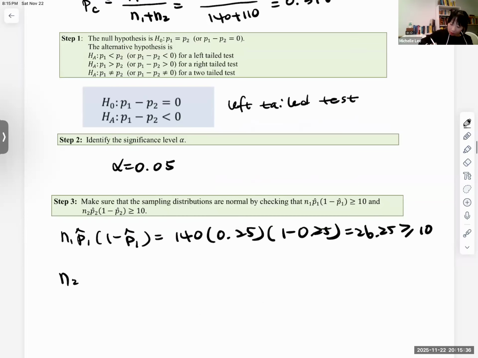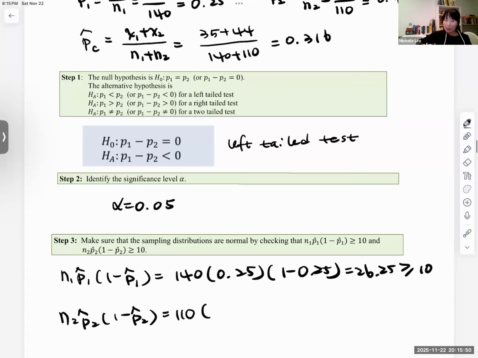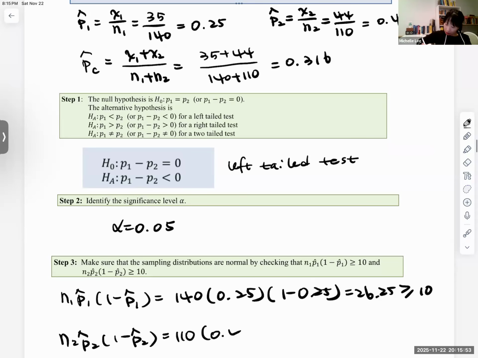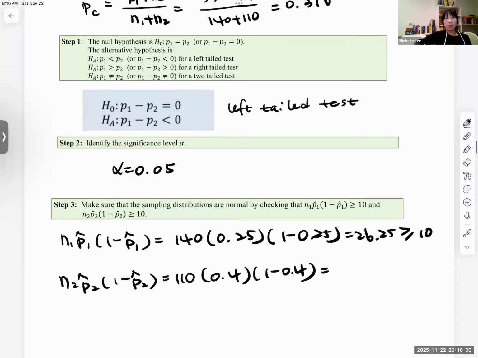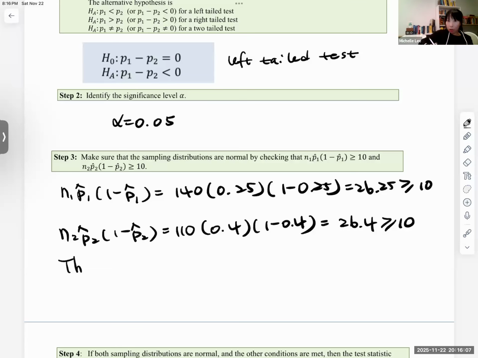What about the second one? n sub 2 is 110, p hat sub 2 is 0.4, 1 minus p hat sub 2 is 0.6. So we calculate 26.4, greater than or equal to 10. So we can conclude this is normal.